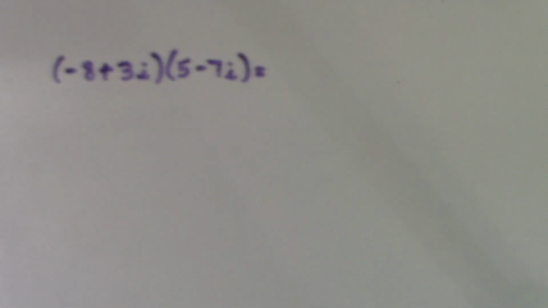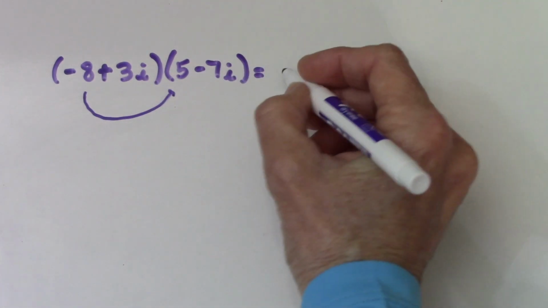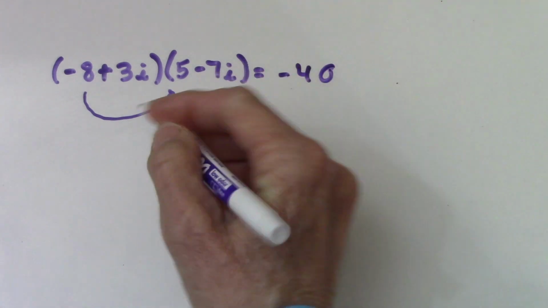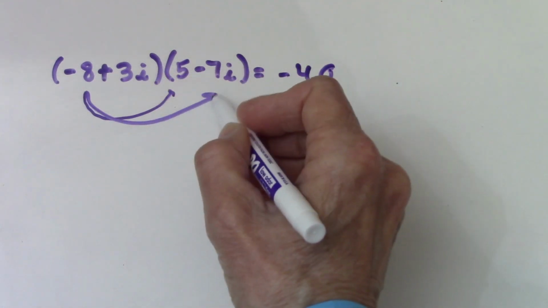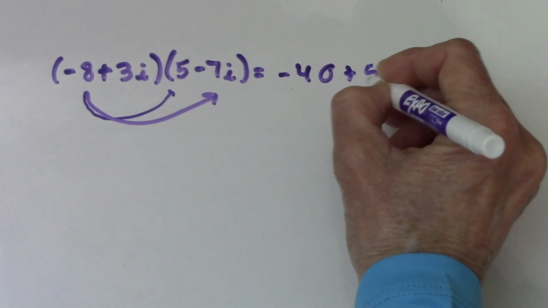Okay, let's look at this example. We have -8 plus 3i times 5 minus 7i. Okay, I'm going to distribute, so I have -8 times 5, which gives me -40. -8 times -7i gives me positive 56i.